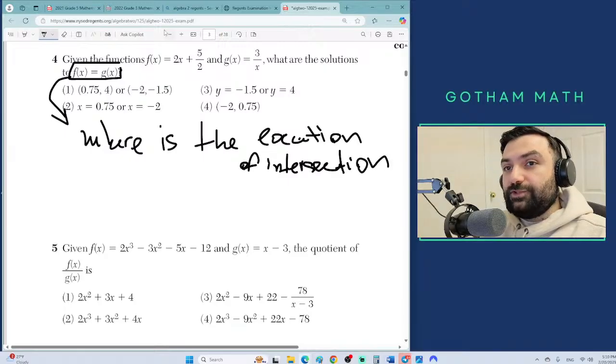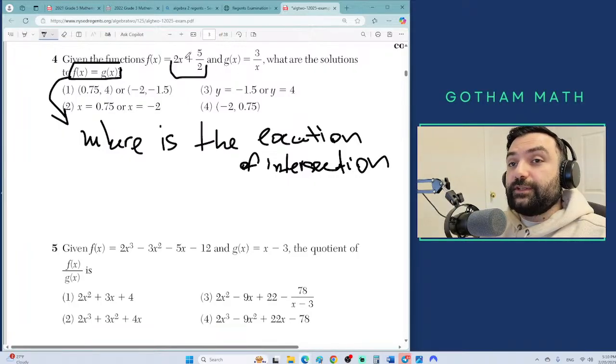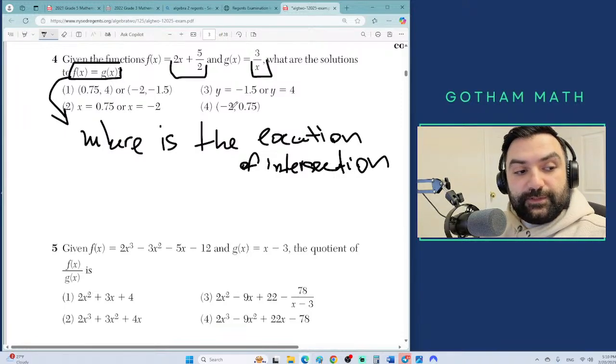Algebraically, we can set this equal to that and just solve. But I think this question was made specifically for us to use a graphing calculator. Once you graph this and this, you'll be able to see the intersection point.